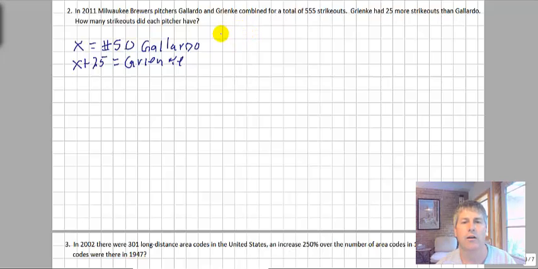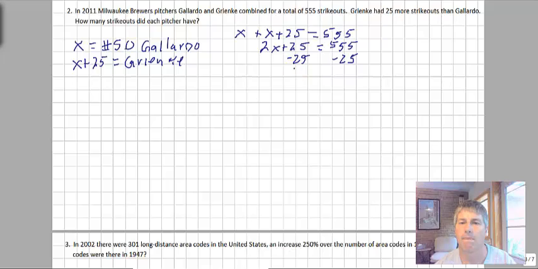Well, we know that Gallardo's plus Greinke's equals 555. So x, Gallardo's strikeouts, plus Greinke's strikeouts, x plus 25, equals 555 total strikeouts. Well, that's 2x plus 25 equals 555. I'm going to subtract 25. So 2x equals 530.